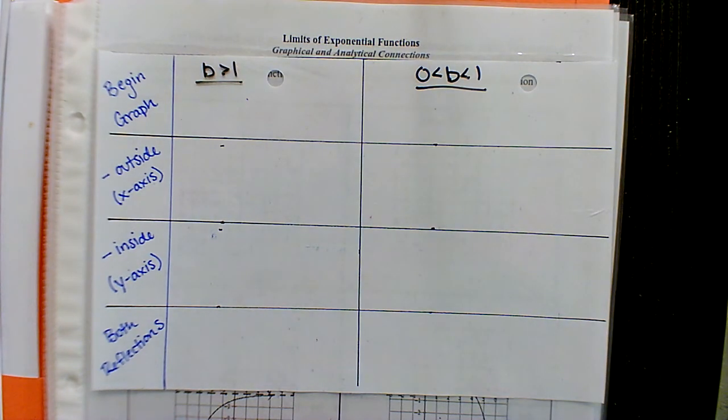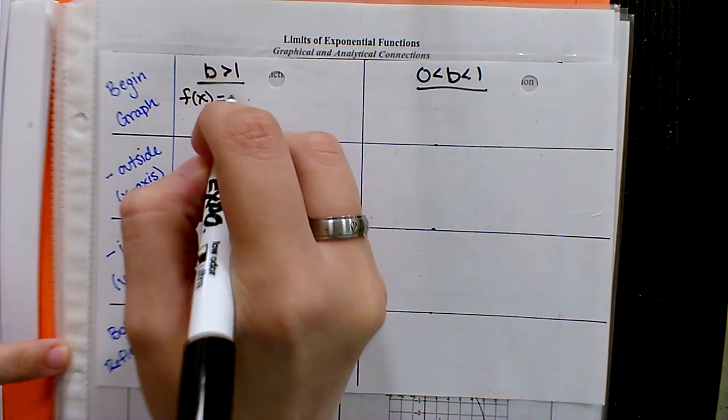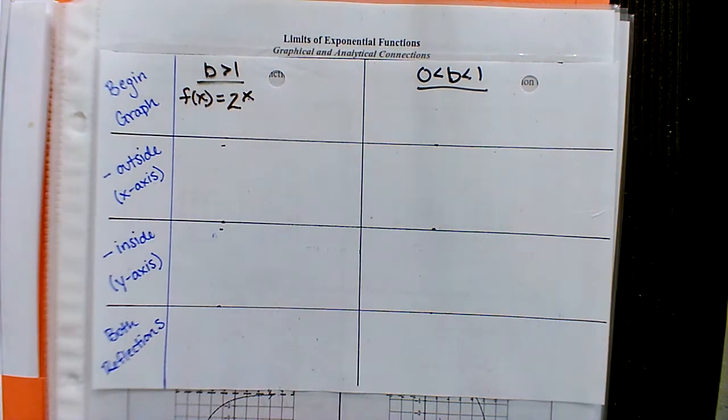Your base value will never be negative, but we are going to discuss, if we do have a negative in a particular spot, how that affects the graph. Maybe you remember some of that from last year from pre-calc and all your transformations. So let's say, for example, that we had an exponential function 2 to the x.